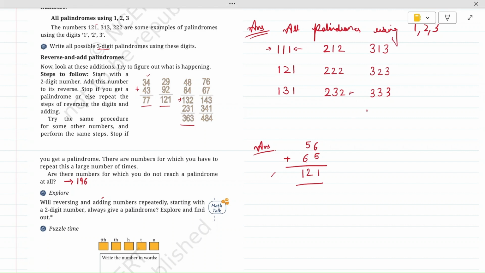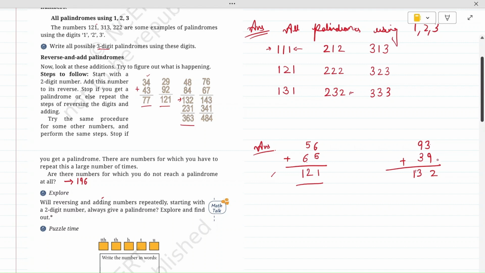We can take another example also. Let us take 93. So 93 plus its reverse: 9 plus 3 is 12, and then 9 plus 1 is 10, plus 3 is 13 hundred... 132 is not a palindrome number.